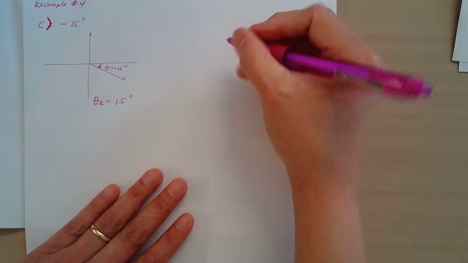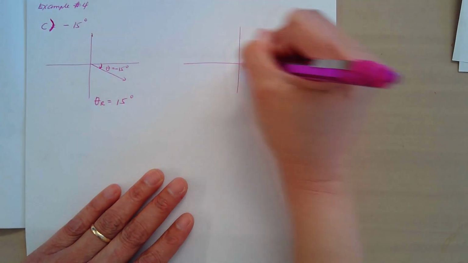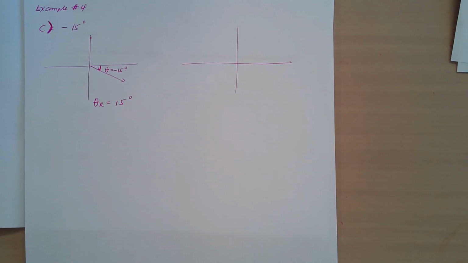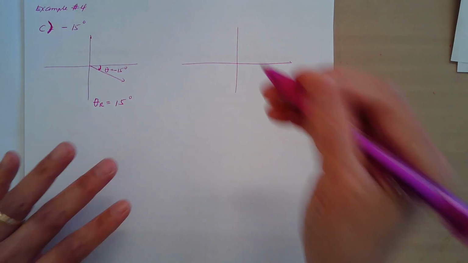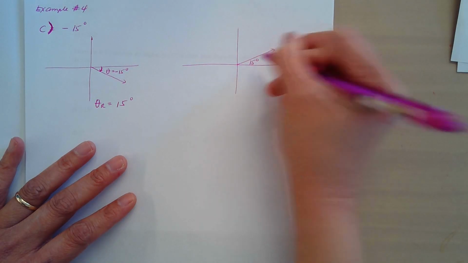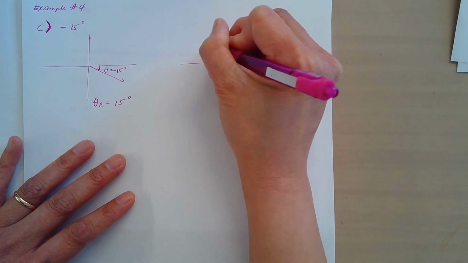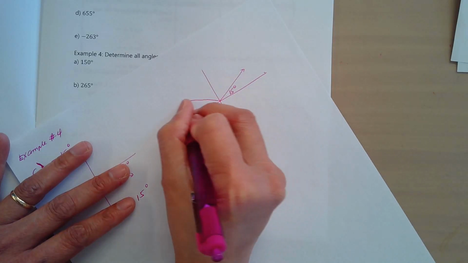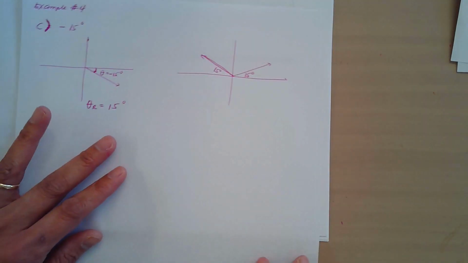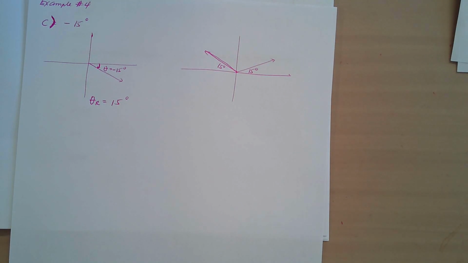Okay, so we have to figure out all of the angles between 0 and 360 that have the same reference angle. So let's make the reference angle in quadrant 1. And they said the angle has to be within 0 to 360, right?